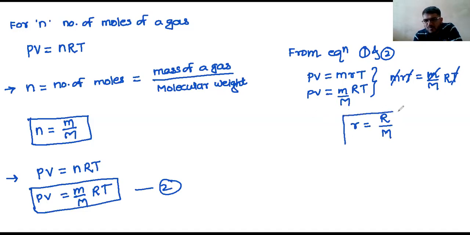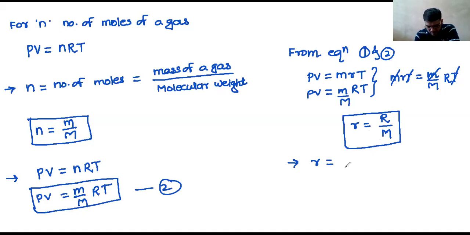Now, what is the difference between this small r and capital R? See here. Small r is PV by T per unit mass. Already I have defined this. And this universal gas constant is PV per unit mole of substance, we can say.